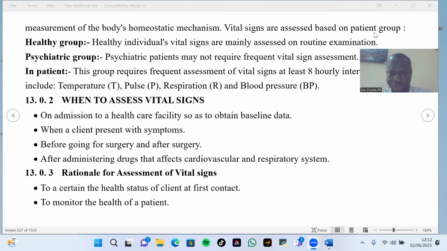When these endogenous pyrogens are secreted in the blood from parasites, from infection, or from inflammatory processes, they send signals to the hypothalamus, and the hypothalamus, like we said earlier, is the control center. It will now tune up.